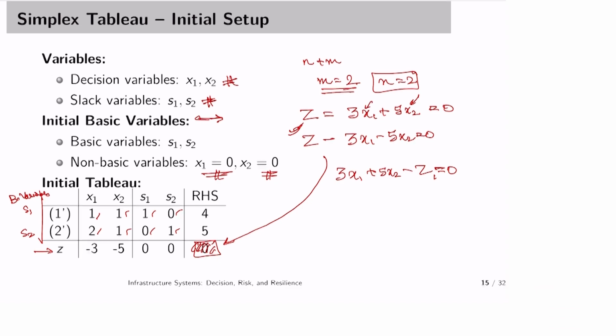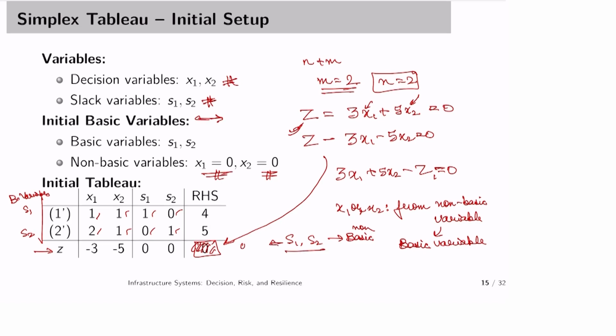Now to increase the value of x1 and x2, we have to move one of them, x1 or x2, from the non-basic variable vector to the basic variable set. And if we make one of them basic, either S1 or S2 has to be made non-basic, which originally happened to be basic variables.